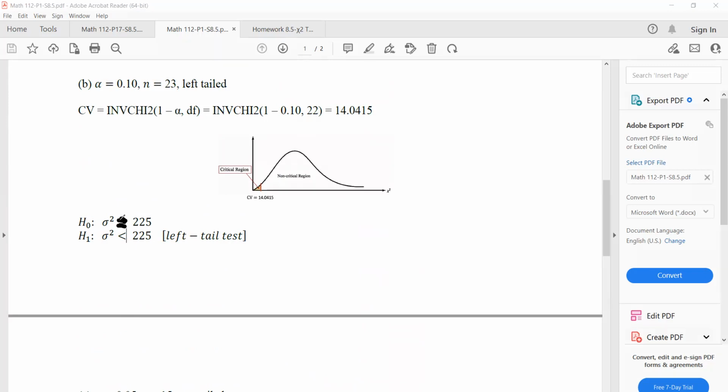It has to go the opposite way. B is a left tail, right? So H0 for B is sigma squared is greater than or equal to, versus sigma squared is less than.